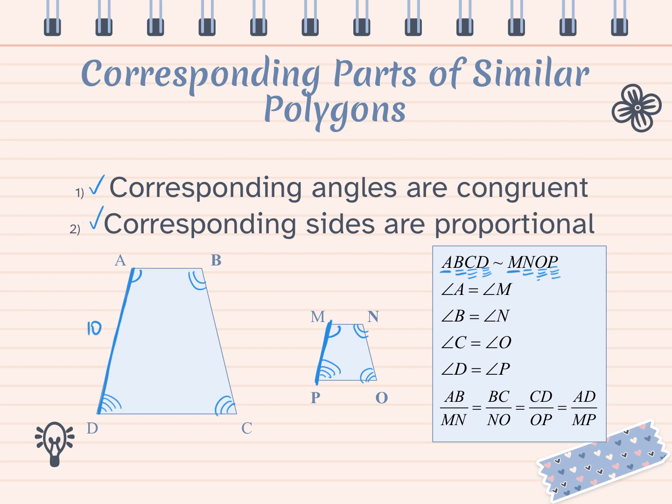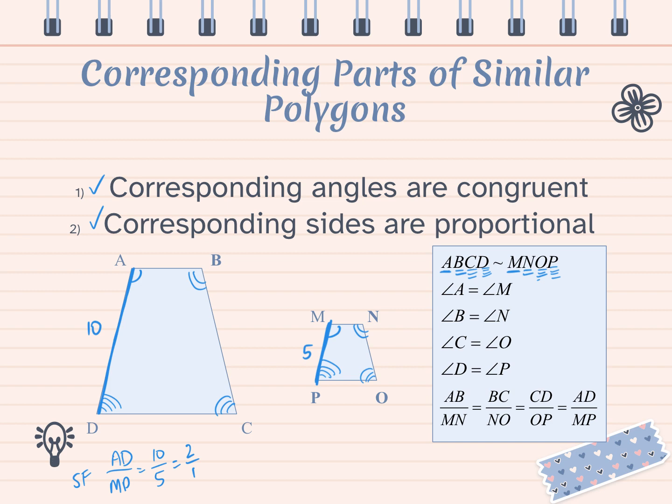Let's just say AD is 10 and MP is 5. If I figure out AD over MP, it's 10 over 5, so the relationship is 2-to-1. That's also a scale factor, okay? And so all the sides are going to have that same relationship.